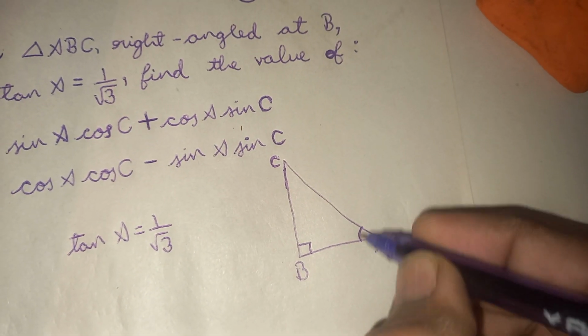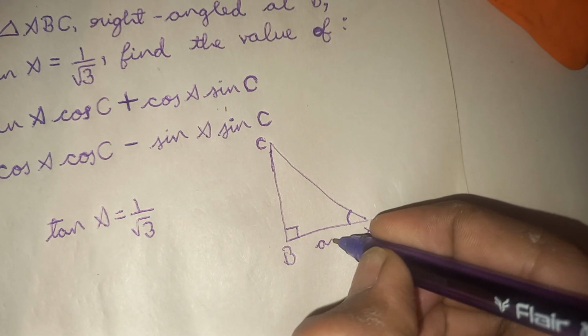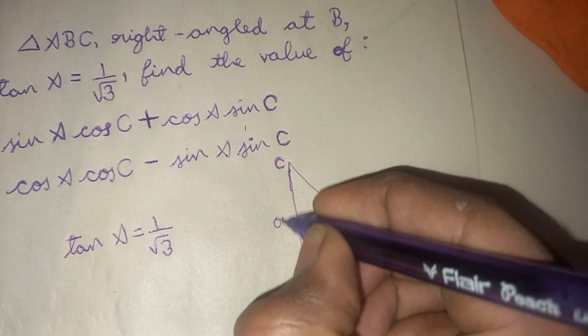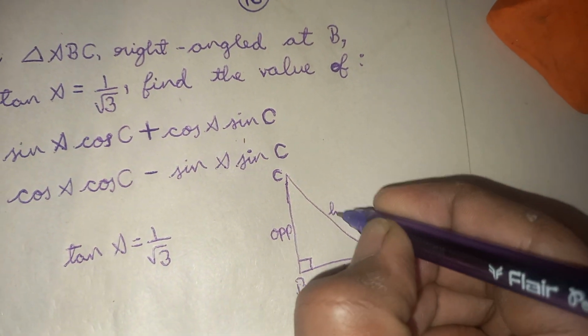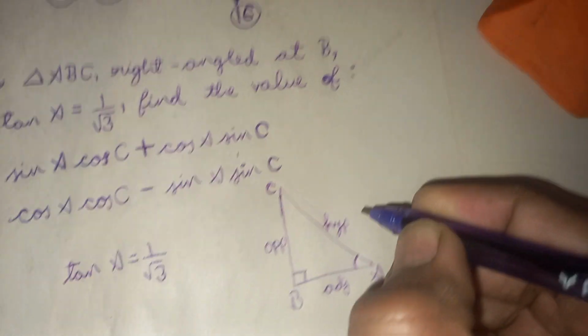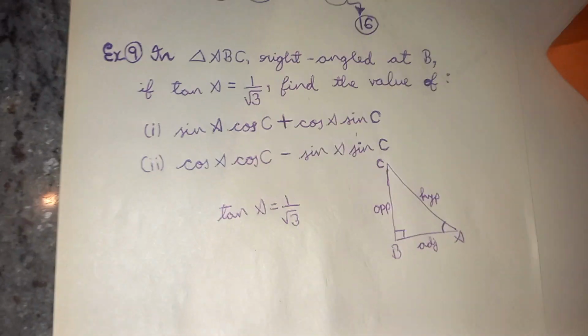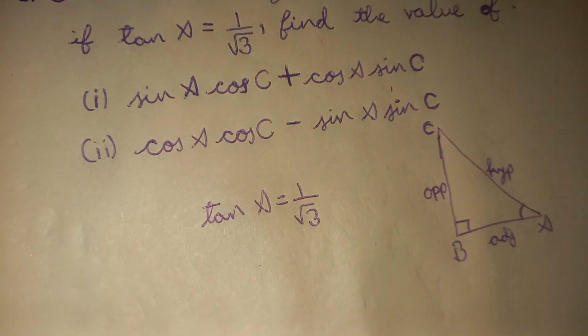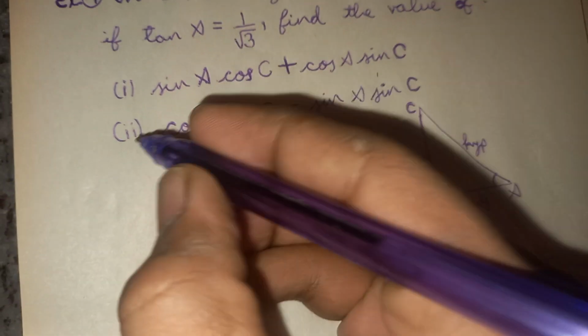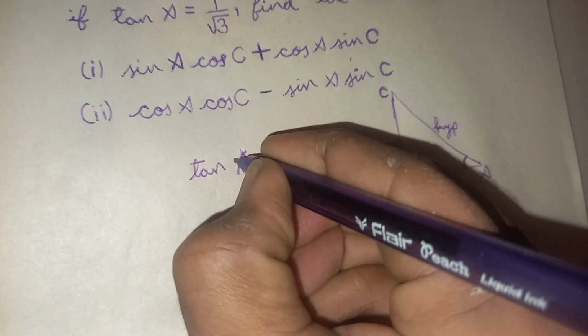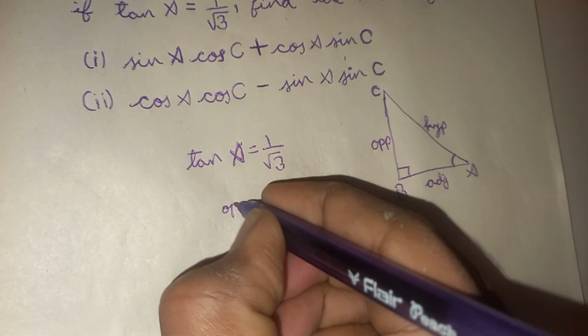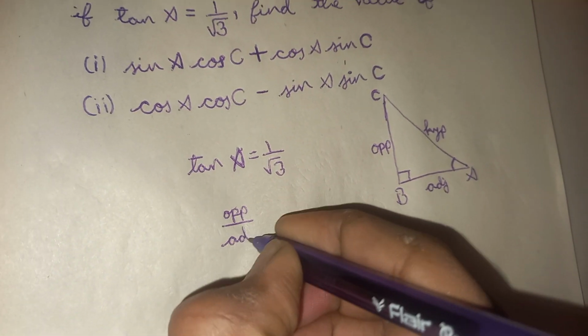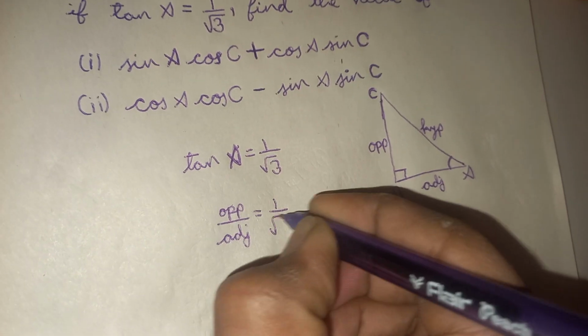If A is the actual angle, we take this as adjacent and opposite to angle A, and this is always the hypotenuse. Tan A is opposite by adjacent, which equals 1 by root 3.